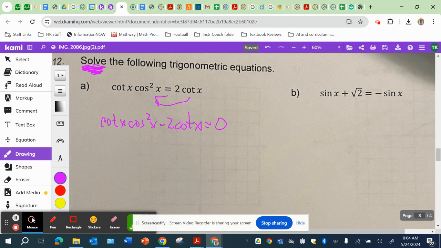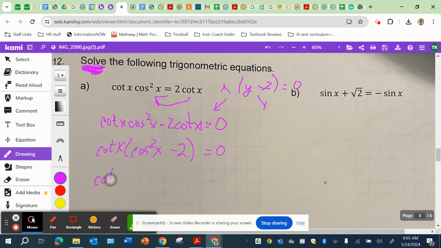Really sloppy. So if you take out the cotangent, you're left with cosine squared x minus 2 equals 0. So it's just like when you factor and you have x and y minus 2 equals 0. You set each of these equal to 0 to see what the solution is.